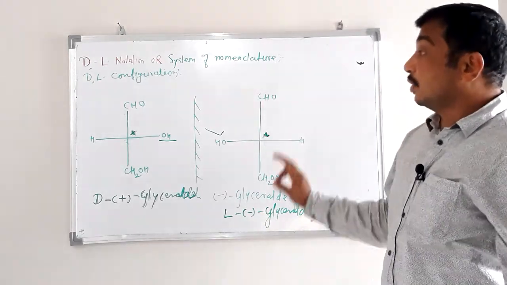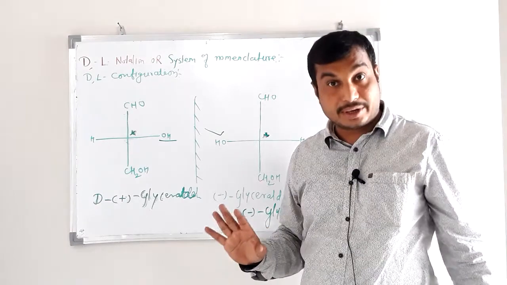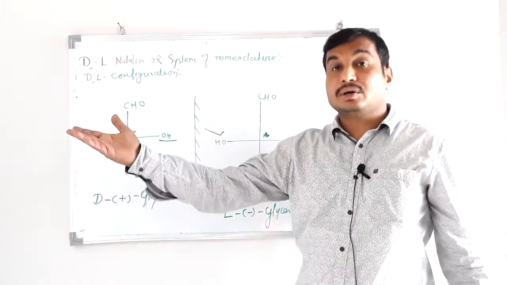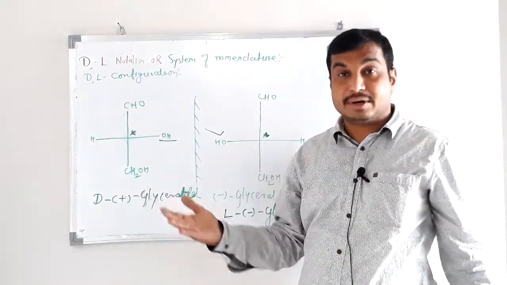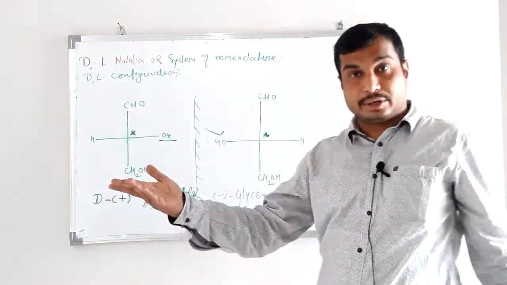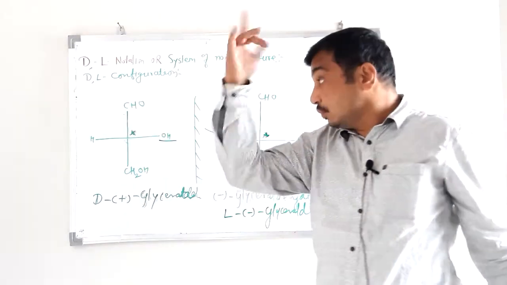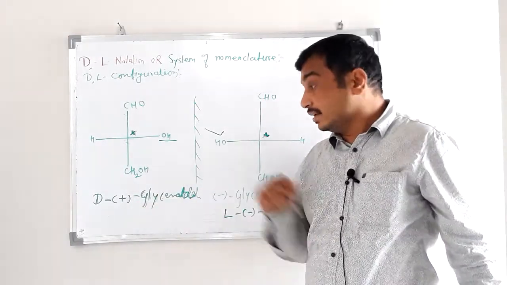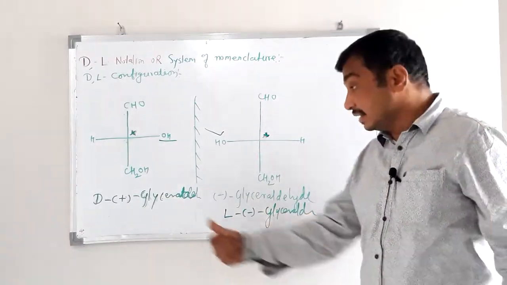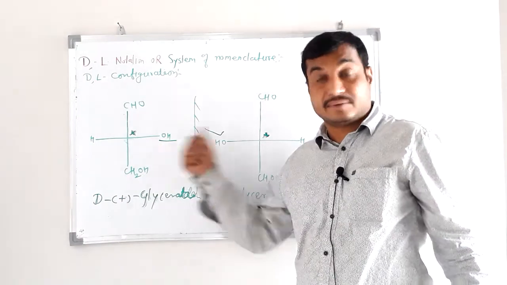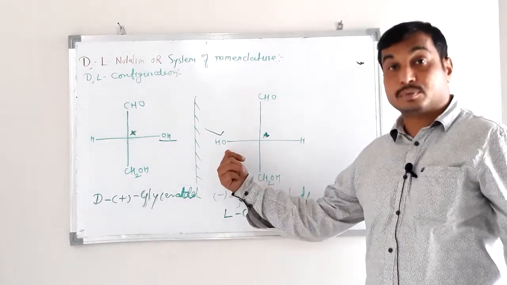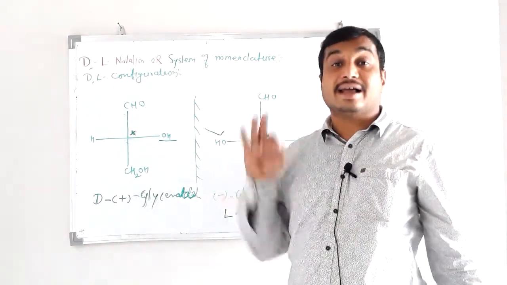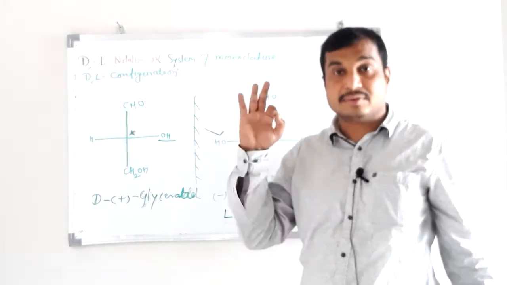These two compounds are the standard. Now, if you want to determine the configuration of another molecule, we have to compare that molecule with these two standards, D glyceraldehyde and L glyceraldehyde. D glyceraldehyde has the OH group on the right side, and L glyceraldehyde has the OH group on the left side at the last chiral carbon atom.